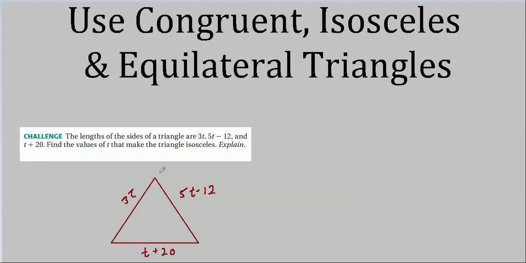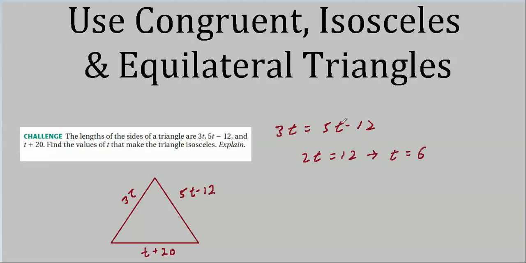Let's see what happens. We'll try 3t equals 5t minus 12. Subtract 3t from each side, add 12, and we get 2t equals 12, or t equals 6. Well, that's one.